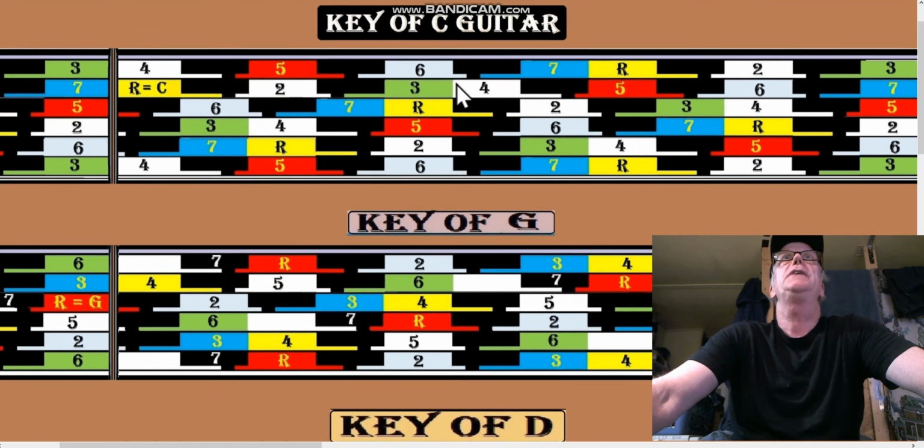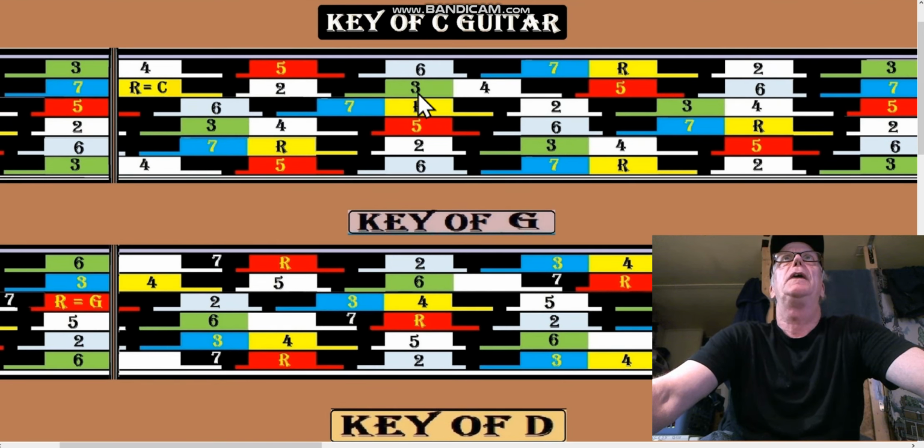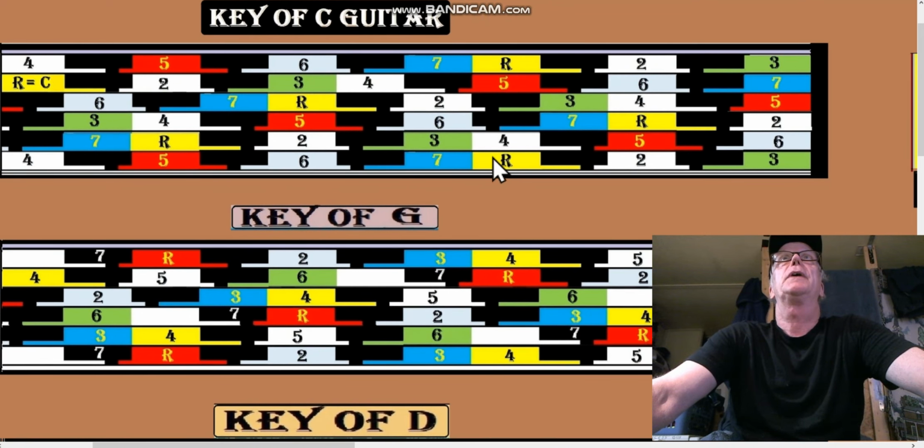You go to the A shape, right here, 5 root 3. It has the root on the A string as you bar it from here. You go to the G shape, root 3, 5 here. It has a root on the G string. Get it? G shape, root on the G string, even though you're not playing a G, you're just playing a C-shaped G.